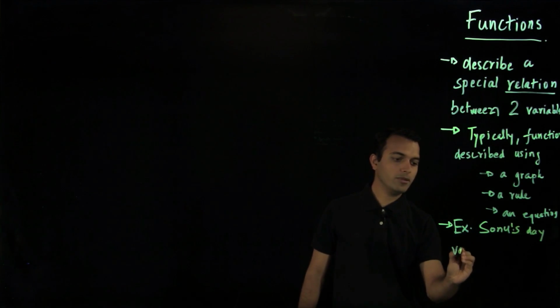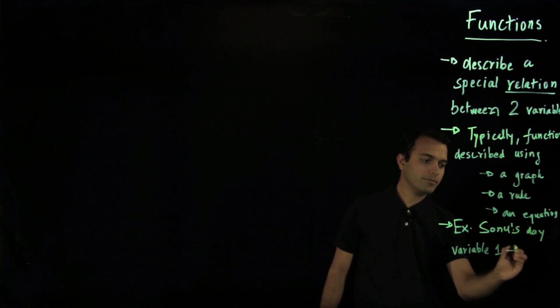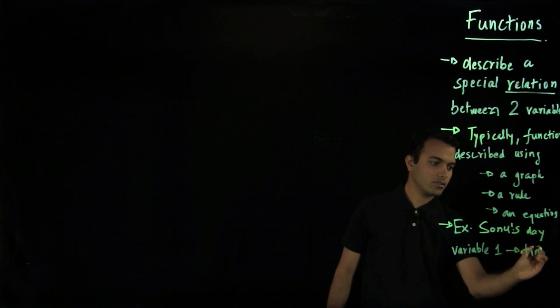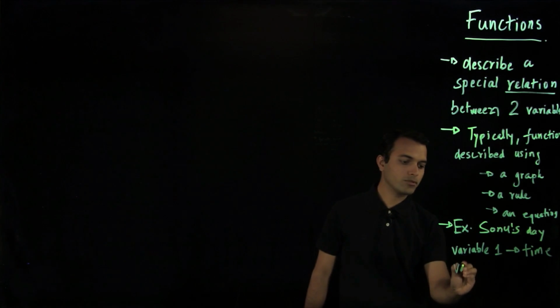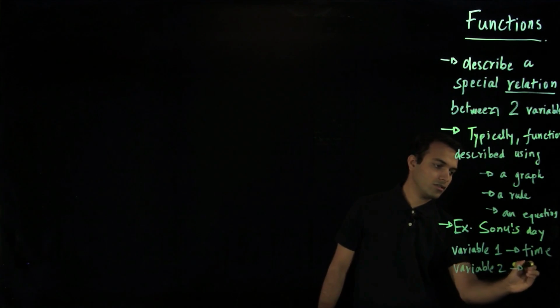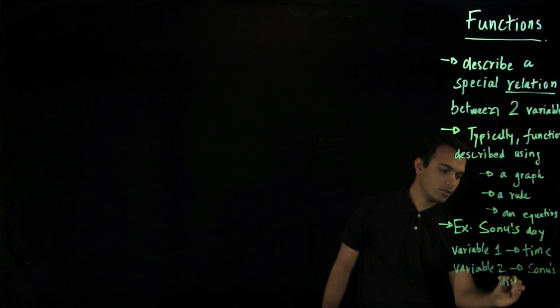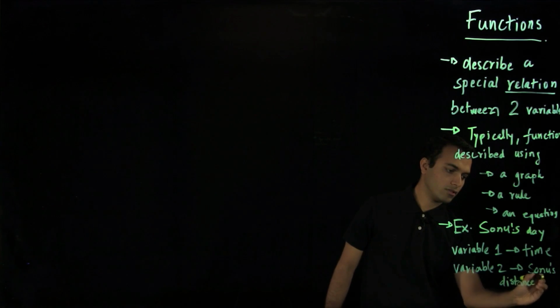So variable 1 that we'll select is time, and variable 2 will be Sonu's distance from home.